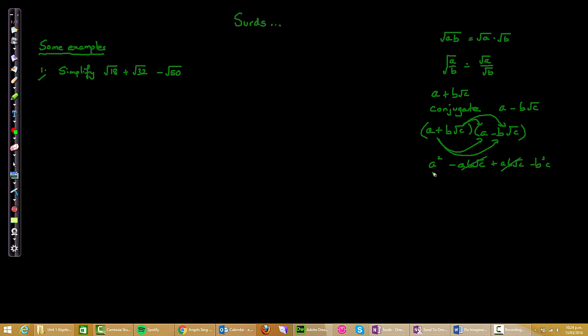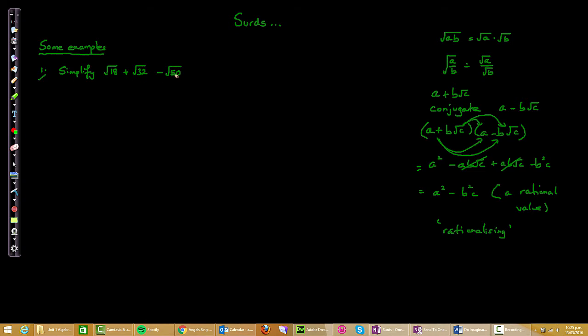They're going to cancel, and so we're left with a squared minus b squared c, which is a rational value. This process of multiplying a surd by its conjugate is known as rationalizing the surd. Okay, so bearing all that in mind, we'll come back and use some of this.